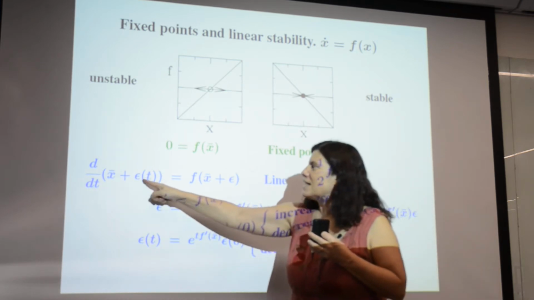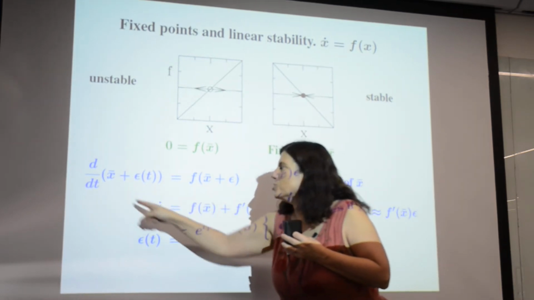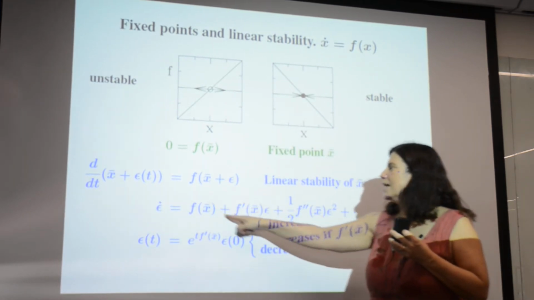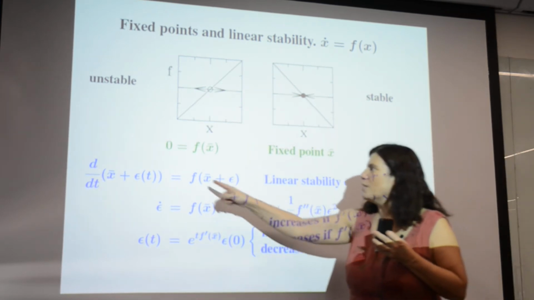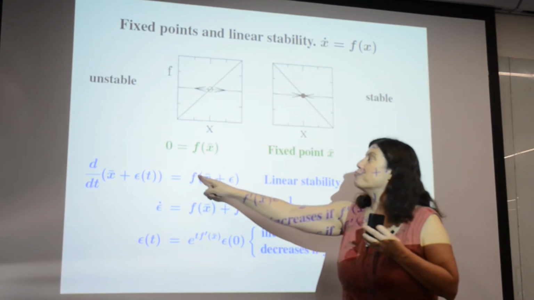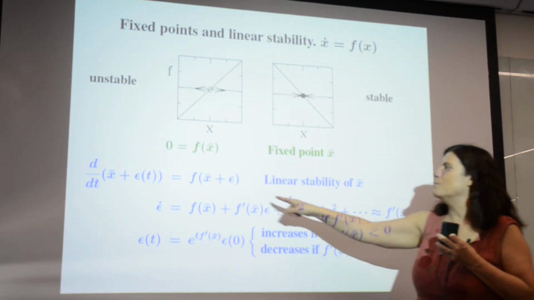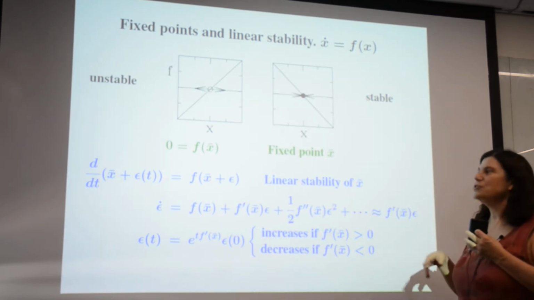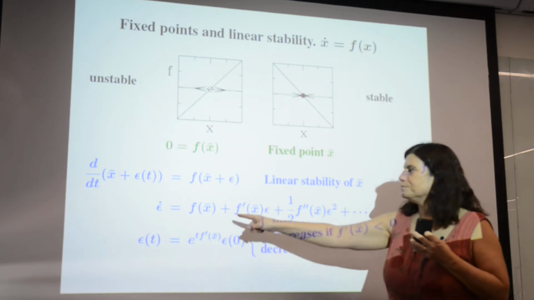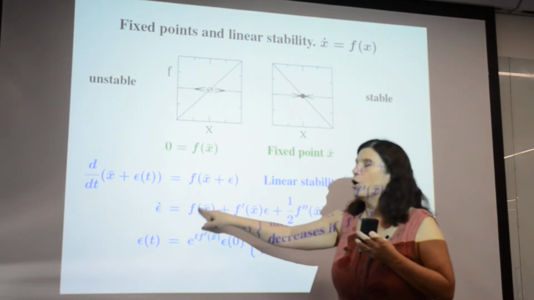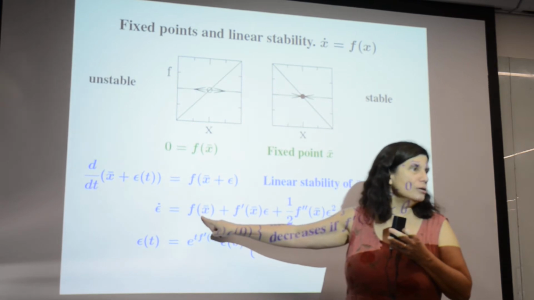And so that gives us epsilon dot, since x bar doesn't evolve. And now we're going to do a Taylor series expansion here. So we'll have f of x bar plus f prime of x bar times epsilon plus 1/2 f double prime of x bar times epsilon squared, and so on. And well, f of x bar is 0 by construction.